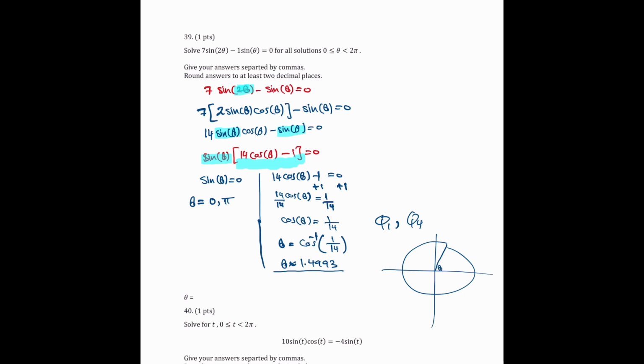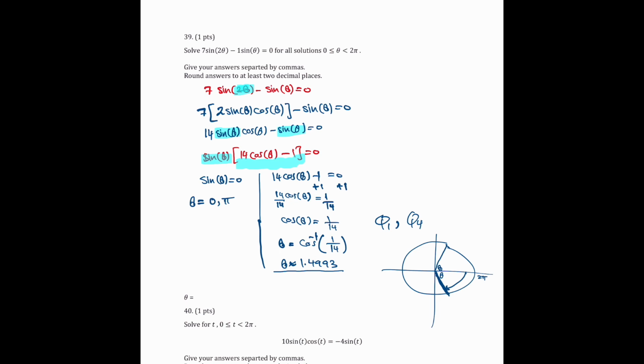And then I need to find the other one equivalent to this one in the fourth quadrant, which is going to be this one. So if I take 2 pi and subtract this amount, I will end up with the wanted angle.